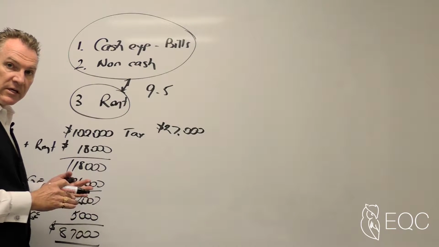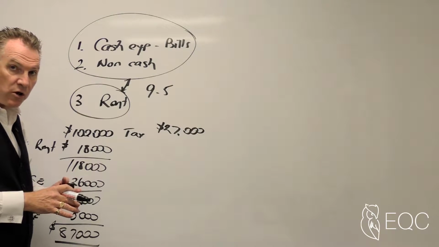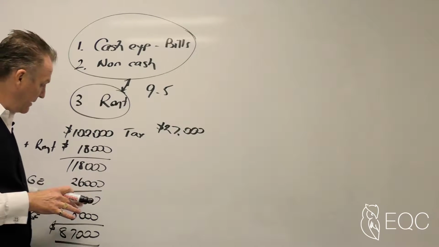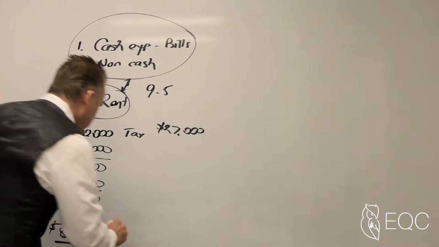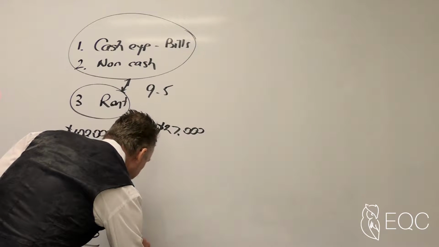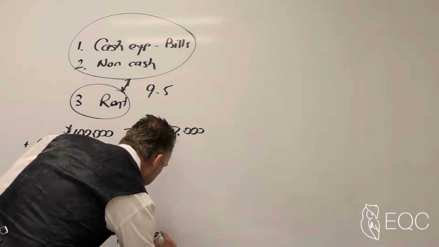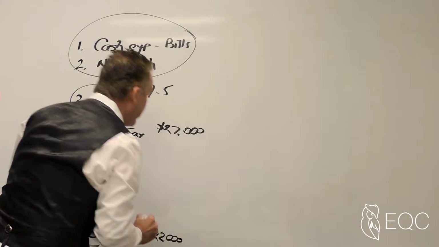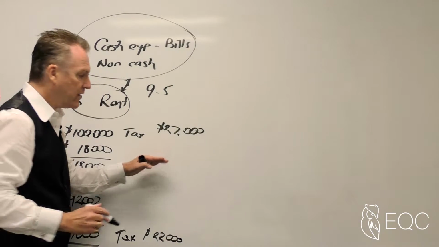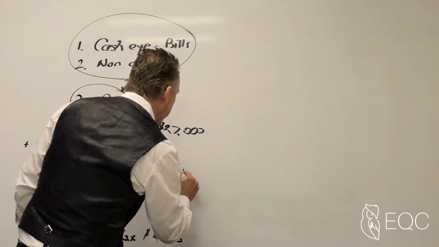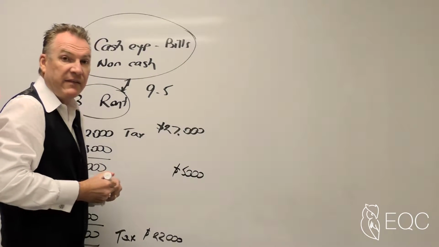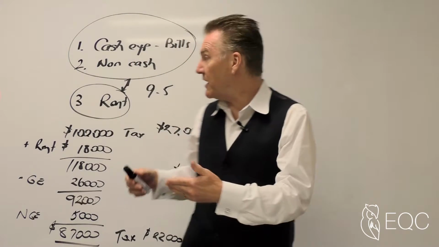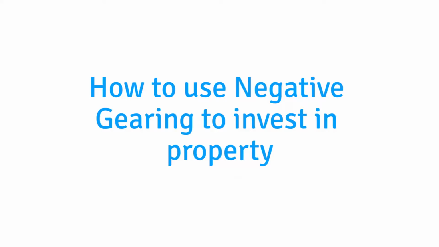We've also got the building depreciation, chattels depreciation, and loan cost allowances that come off, which brings your taxable income down to $87,000. So therefore, the tax on $87,000 is just a tad under $22,000. However, you've already paid $27,000. So therefore, you'll actually get a refund of $5,000 from the tax department. And that's great. So that's actually how negative gearing works, very simply.